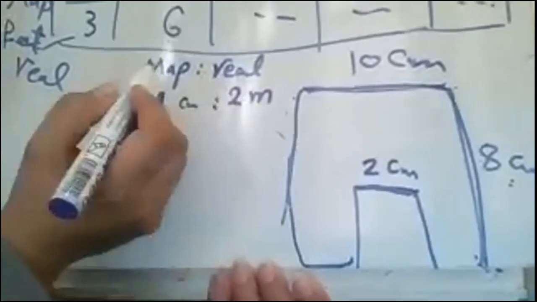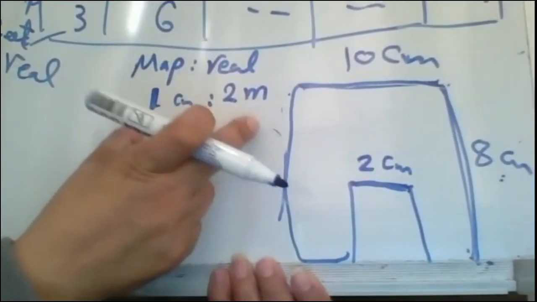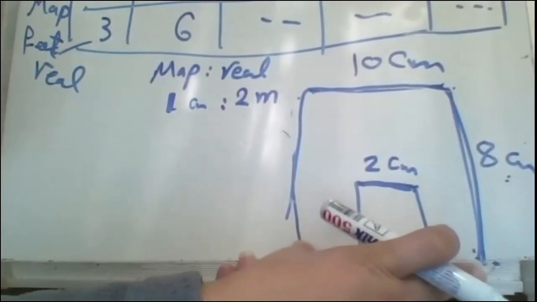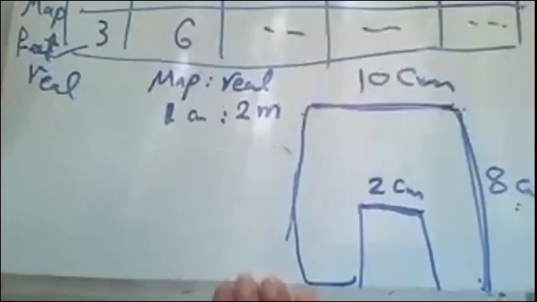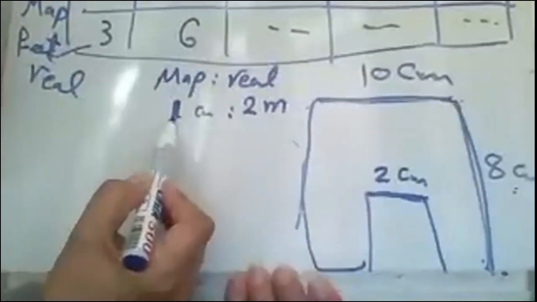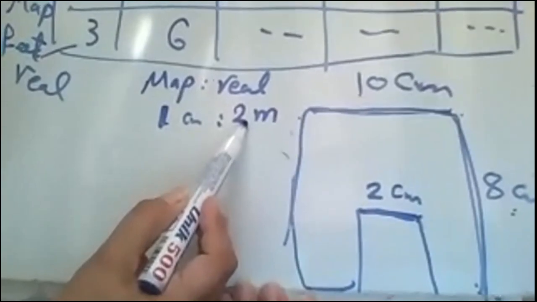For this reason, we have to go back and look at the scale drawing. This building is drawn in the map, and this is called the map. I want to calculate the real one, so we go back to the scale drawing. We said each 1 centimeter represents 2 meters, right?